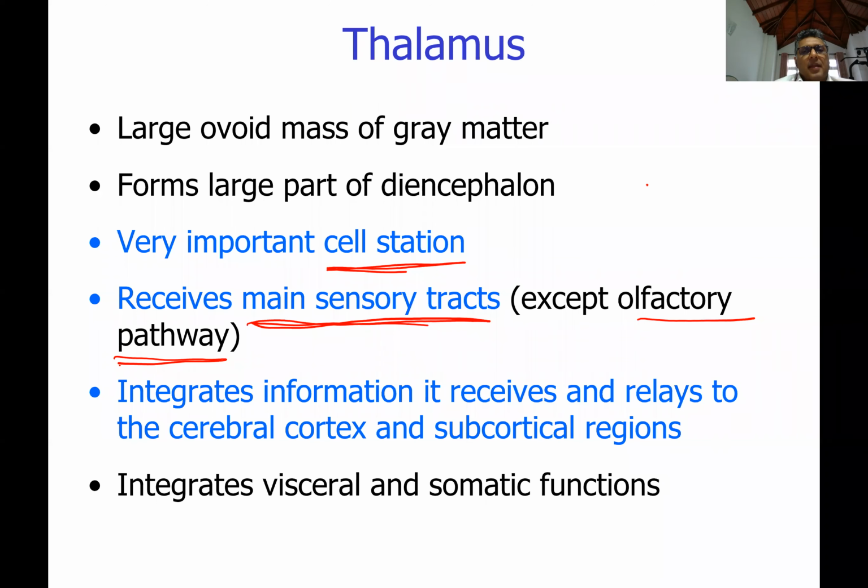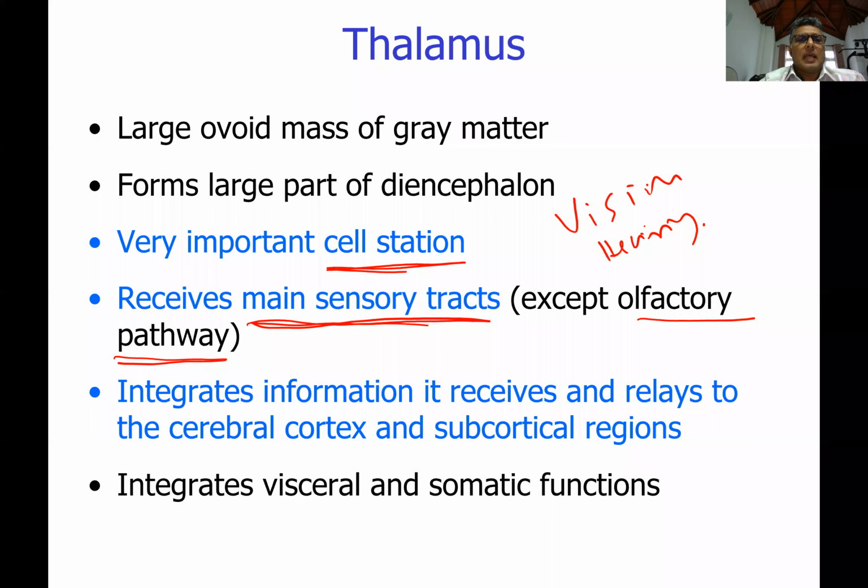All other sensory tracts, whether general sensations like pain, temperature, touch, vibration, all considered general sensations coming from the body, or special sensations like vision or hearing, they all pass through the thalamus. But the olfactory pathway does not pass through the thalamus, it bypasses the thalamus.